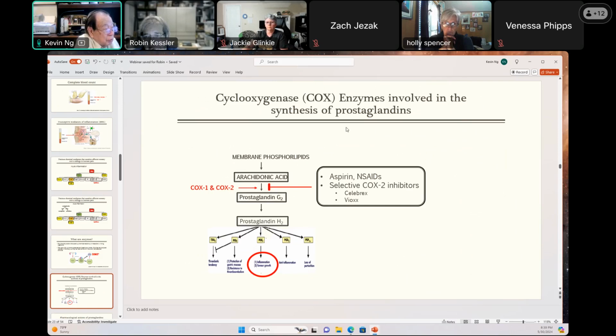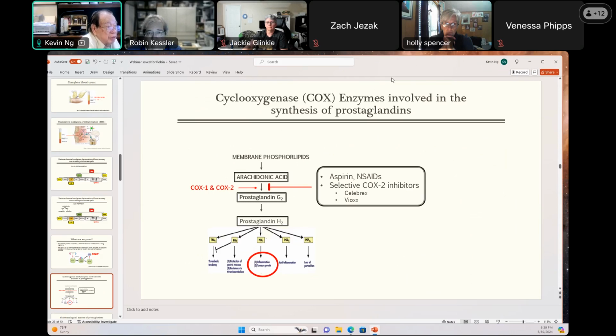When this was marketed in the late 1990s, I was so fascinated. I said, well, we have a good medicine. We can do a lot now for patients. But unfortunately, after 3 to 4 years of clinical usage all over the world, we saw more patients have a stroke, more patients have a heart attack.